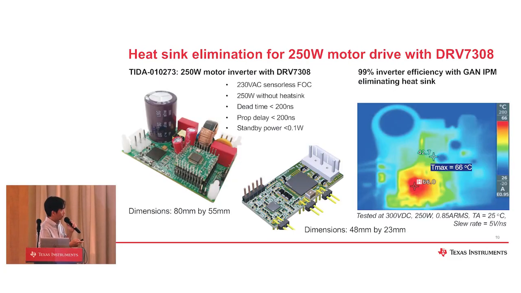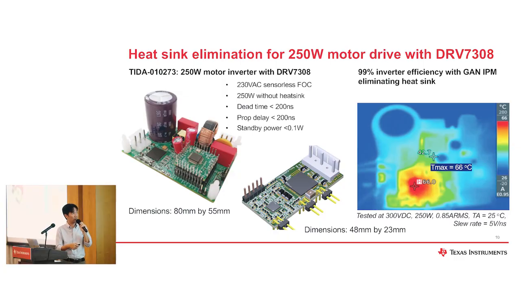Okay, so this is the information about heat sink elimination. Just now I mentioned that you don't need to add the heat sink to the design, which means you can save some money, right? Here is the actual design for the 250 watts motor drive with the IPM DRV7308.